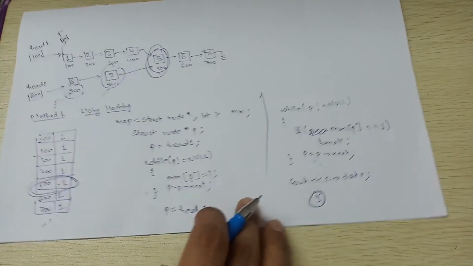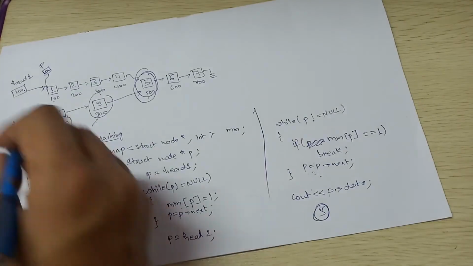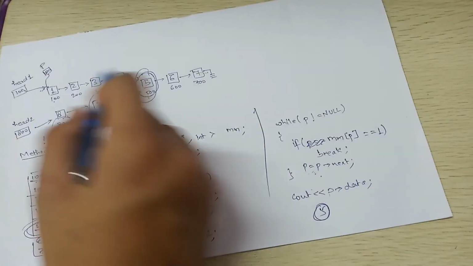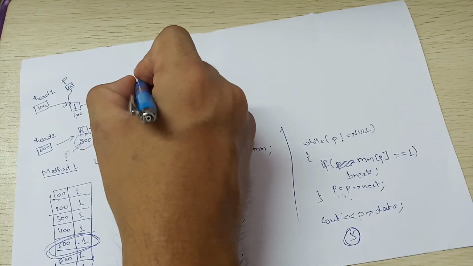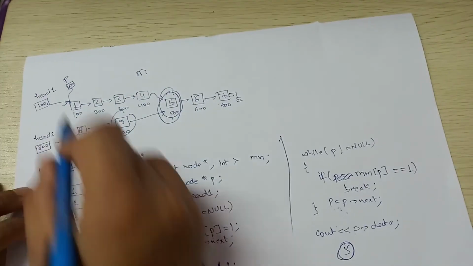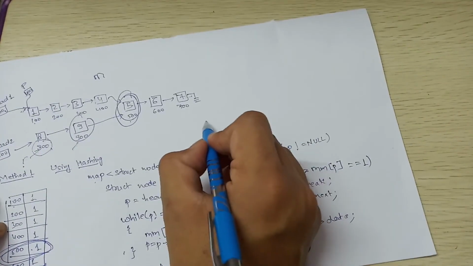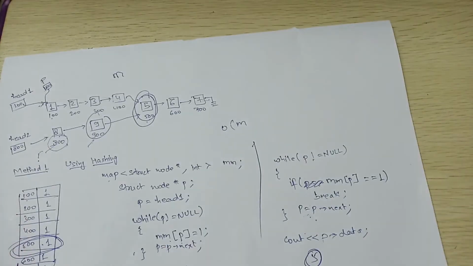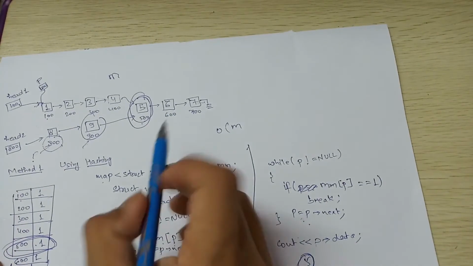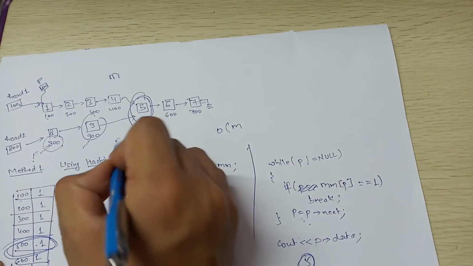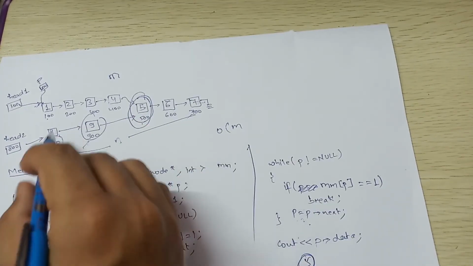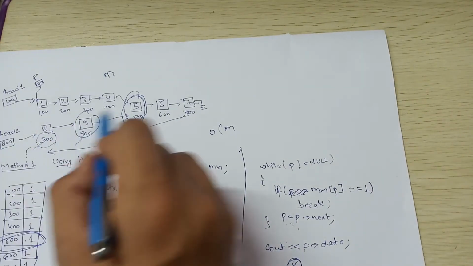Now the time complexity. We have traversed the whole first list, so let's say it is of size m, with m nodes in the first linked list. We have traversed m nodes, and for the second list, let's call its size n, we have traversed less than n because we have traversed only 3.